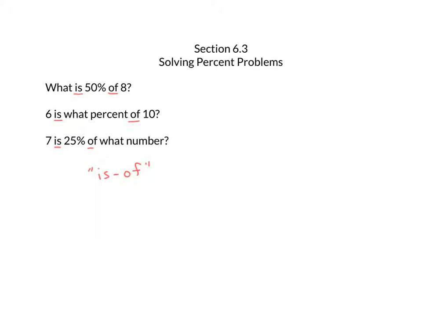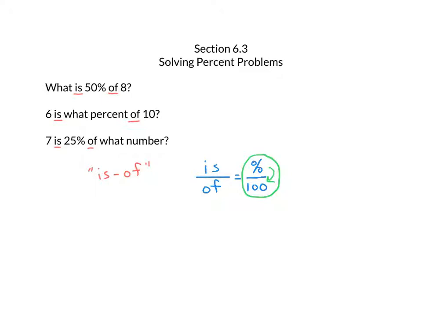The is-of method uses the idea of a proportion in order to solve these types of problems. The proportion is known as is over of is equal to percent over 100. You know that percent means how many out of 100, which is why this side of the proportion is written that way.